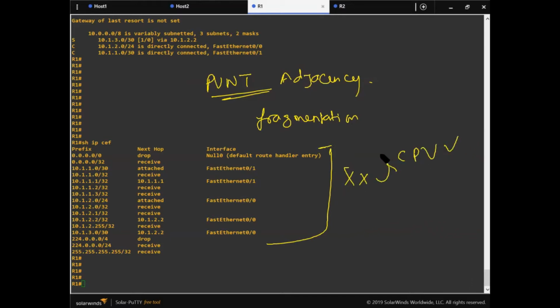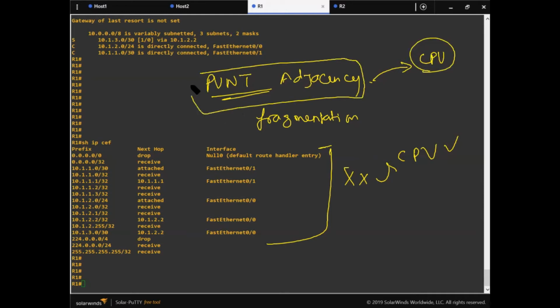Very rarely, in such scenarios where the CPU comes into the picture, it is known as punt adjacency. So punt means when my data plane CPU is not capable of handling that kind of traffic. But there is something more.